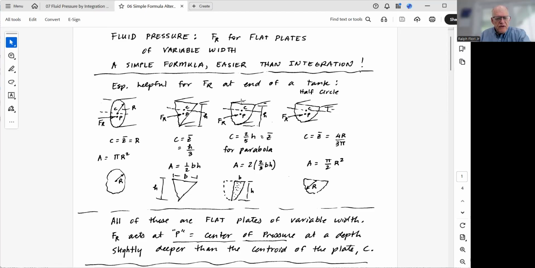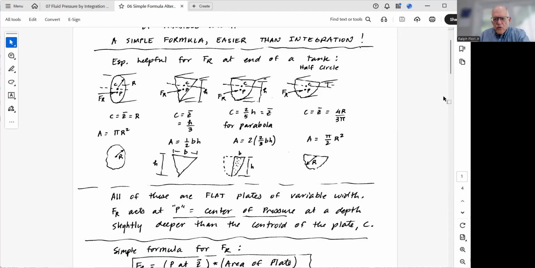If you cut this parabola in half, as shown down here, where the base is this and this is height, the area is twice that. And for a half circle, the area is pi over 2 times r squared. So again, these are flat plates of variable width.